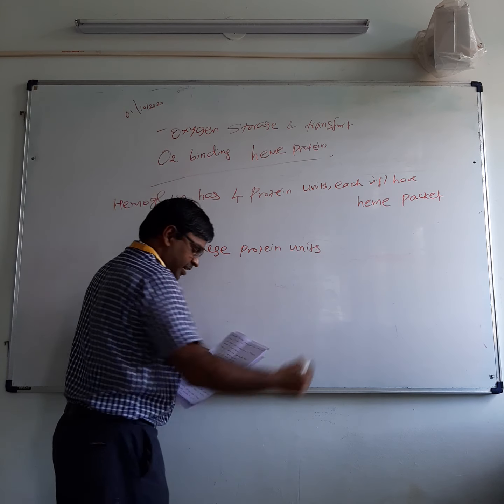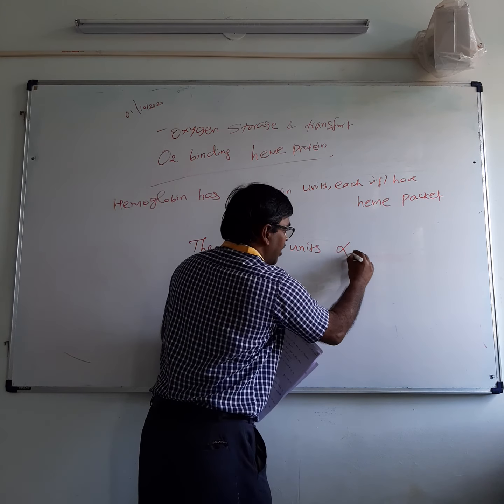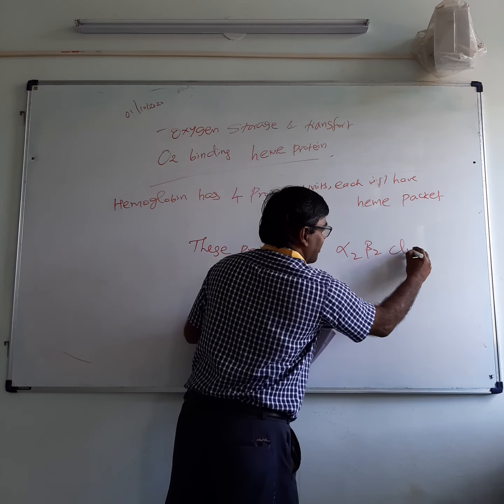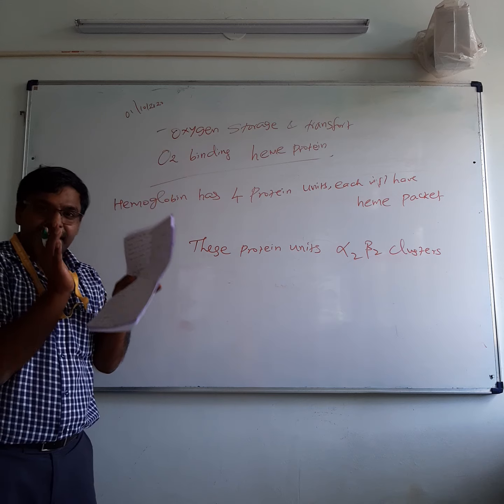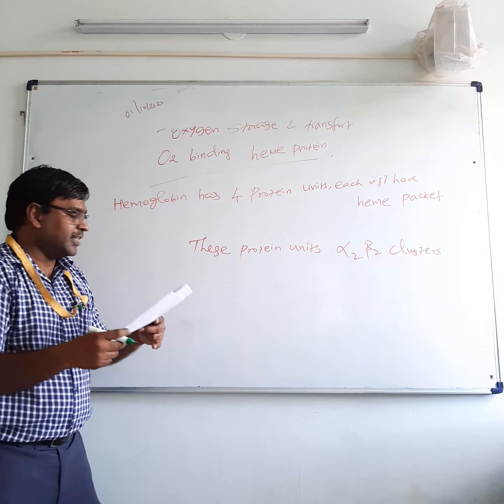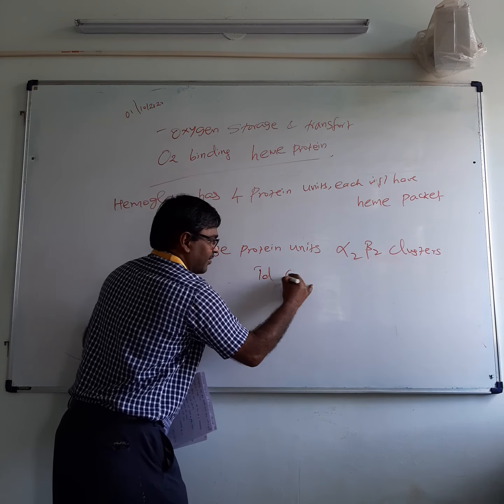These protein units are in the form of what you call alpha 2, beta 2 clusters. How are these clusters arranged? They are arranged in a tetrahedral fashion, that means tetrahedrally connected.